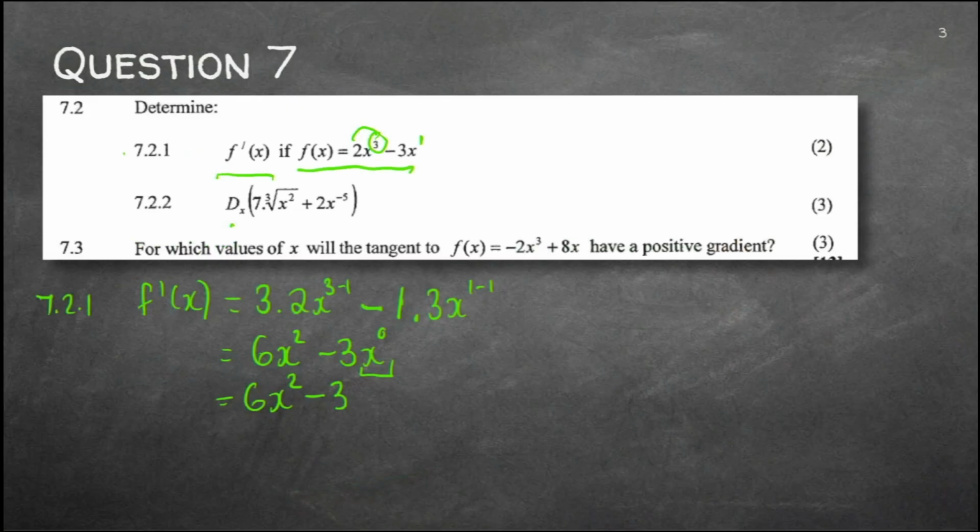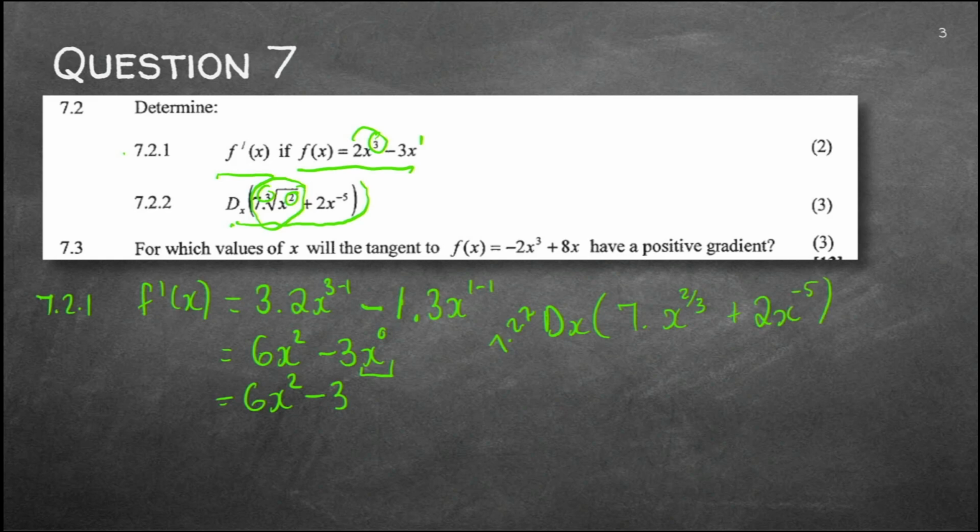Now we look at the next one, and clearly this first term is not in the correct format. So we'll first have to rewrite it. So I will have dx, start your bracket, just make sure the numbers are there, dx of 7 times x to the power of 2 over 3, in over out, plus 2x to the negative 5.